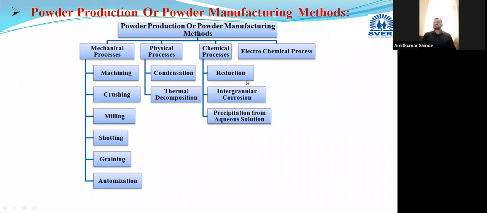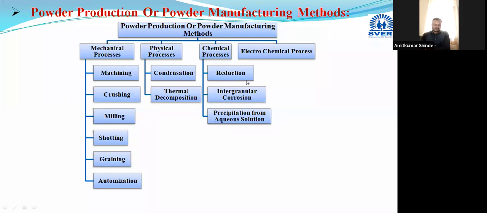In the same way, we can manufacture molybdenum from its oxide, MoO2. We can use carbon or hydrogen as the reducing agent; hydrogen or carbon reacts with the oxygen and separates it, and molybdenum powder particles are obtained. This is the reduction method.